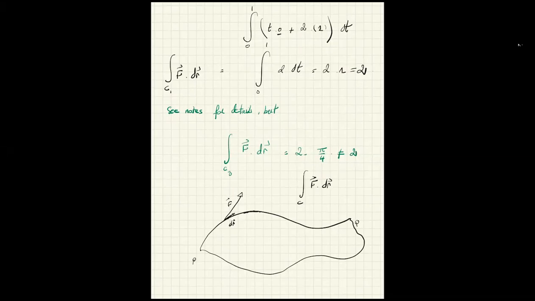So in general it will depend on the path you take. It's not going to give you the same number, depending on the curve you take from P to Q.